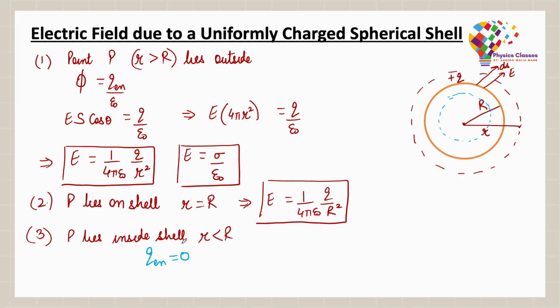So there's going to be no charge inside this spherical shell that I assumed, or the Gaussian surface that I assumed. Therefore, the electric flux has to be 0, or in other terms I can say that my electric field is also 0 because the charge enclosed is 0. So for any point that lies inside the spherical shell, the electric field would be 0.